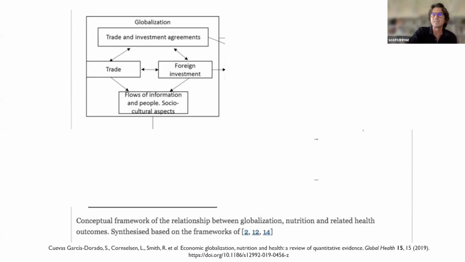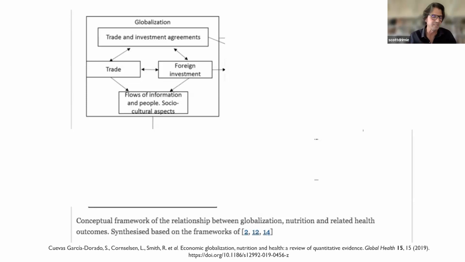All of this is supported by the flow of information. We live in a world with the World Wide Web, with social media, with this incredibly rapid movement of information, but also the movement of finance, of cash. That, in a simple way, is what globalization is: this framing in which all of these things are moving.